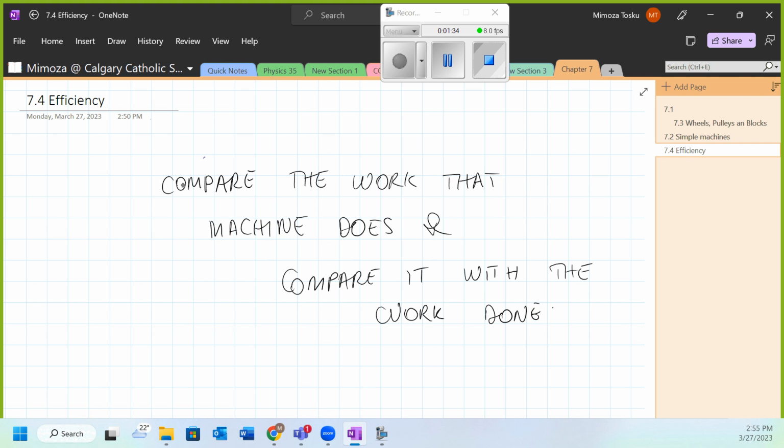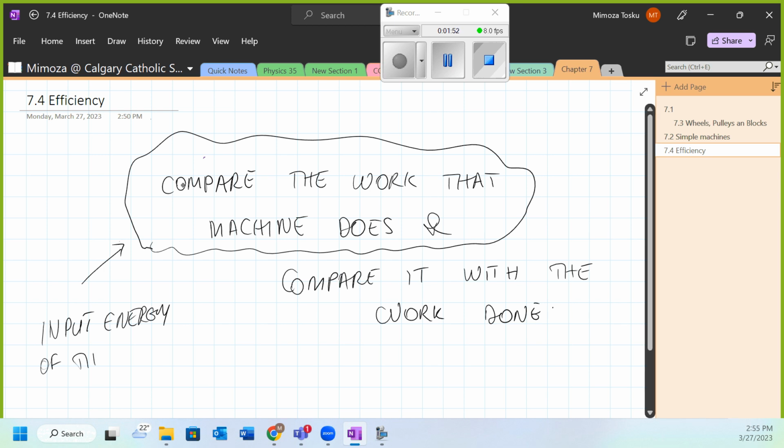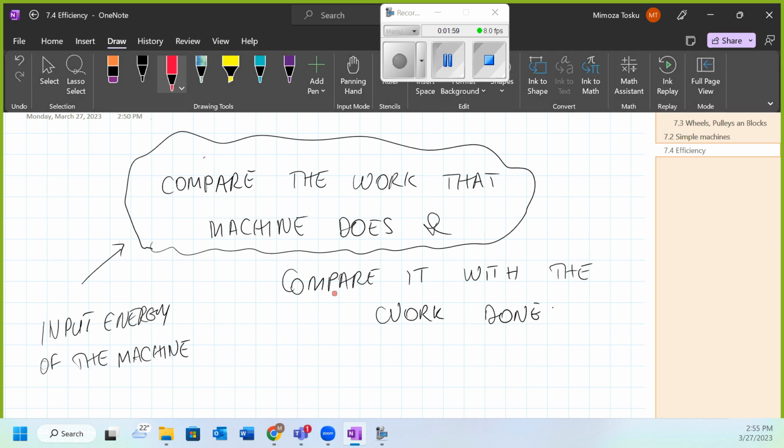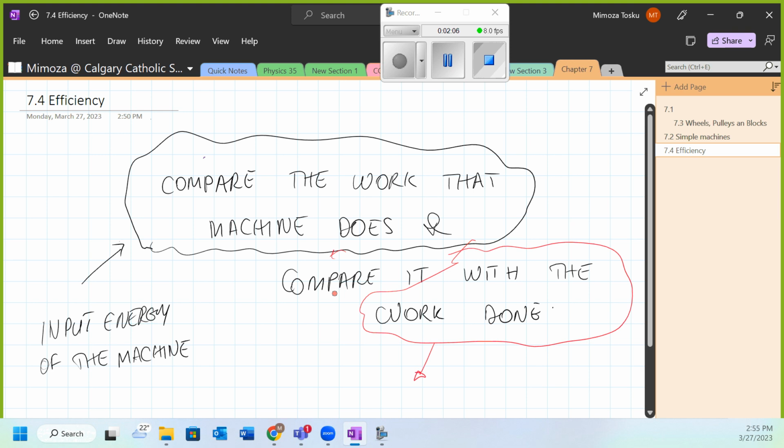When we are saying compare the work that the machine does, what do we do on this part? We see what the input energy of the machine is, and when we are saying compare it with the work done, it is the output energy.